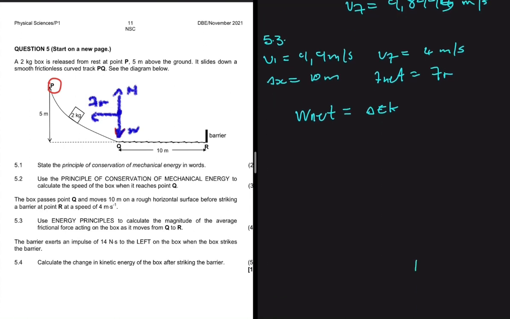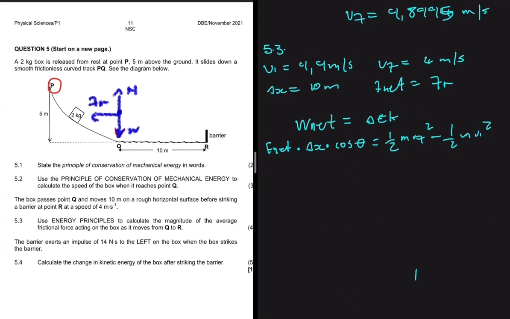So work net, we know that it is equals to F net multiplied by delta X multiplied by cos of theta, and this is equals to a half mvf squared minus a half mvi squared, right? So if we go ahead and substitute, we've already established that F net is just frictional force.